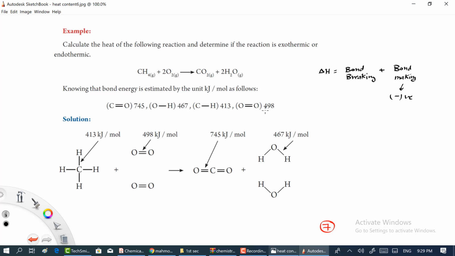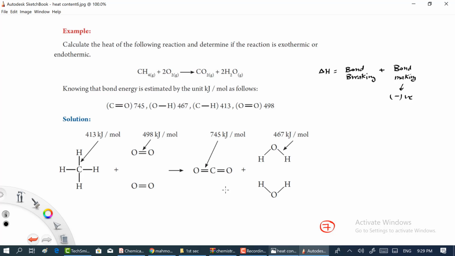Firstly, we will write the structural formula of the compounds. We have methane gas with 4 bonds, and 2 molecules of oxygen, O double bond O, O double bond O, and carbon dioxide, with 2 double bonds between the carbon and oxygen, and water, with O-H, O-H, O-H, O-H.